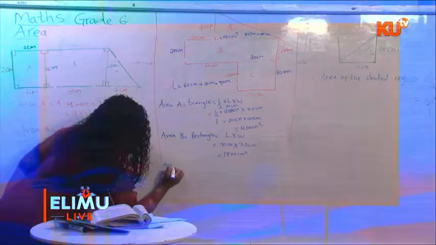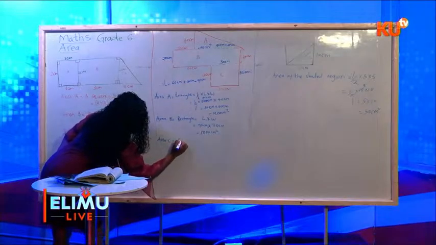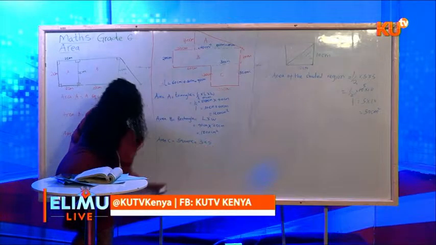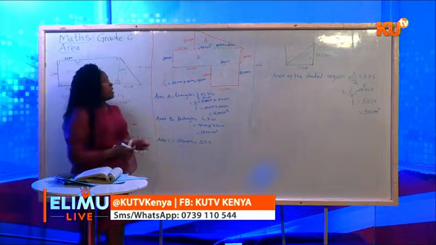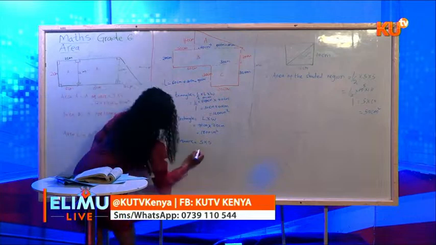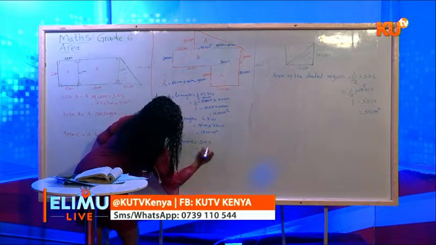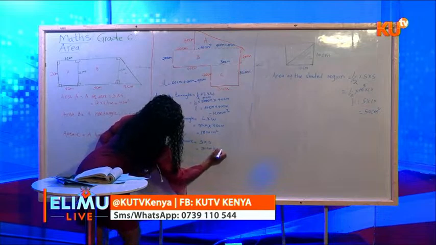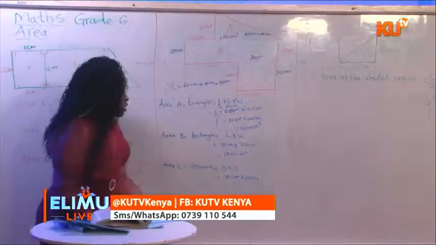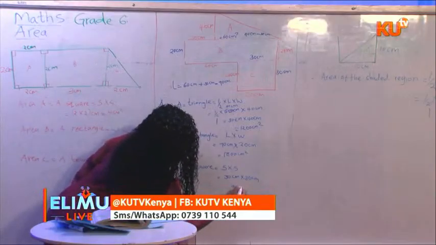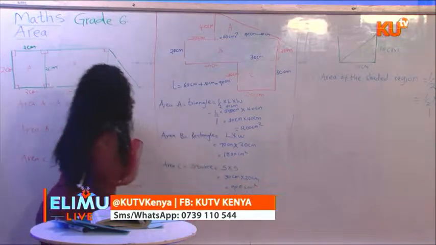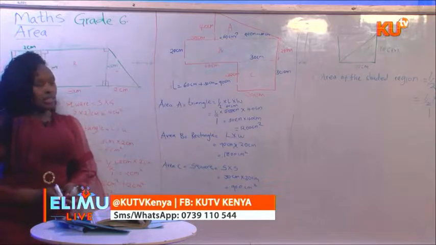That is area C is equal to square, which is equal to side multiplied by side, because they are equal, which will be 30 multiplied by 30. 30 centimeter multiplied by 30 centimeter, we multiply 3 by 3, which is equal to 9, and then we add the 2 zeros. So our answer gives us 900 centimeter squared.